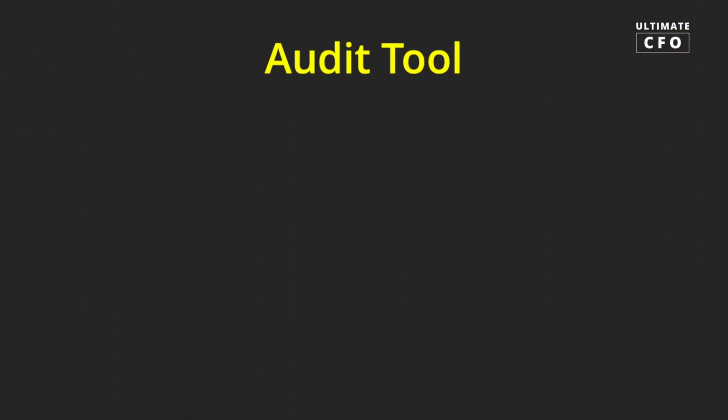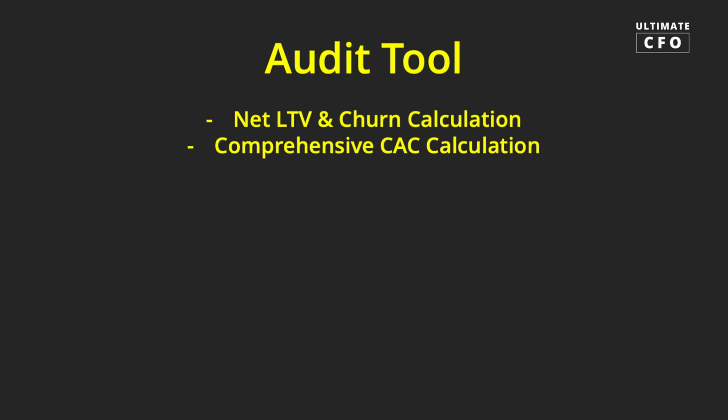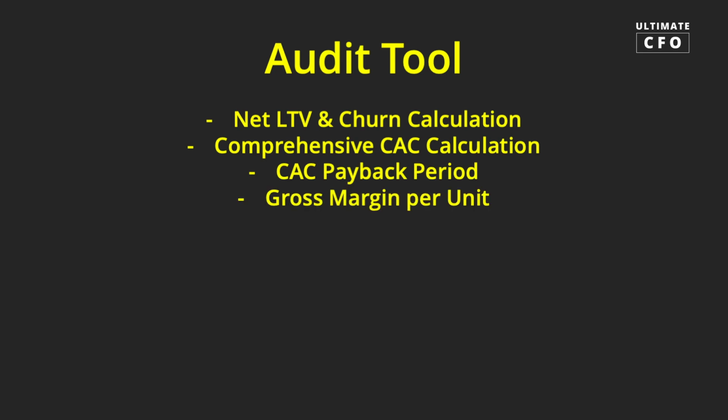I'm again providing you with an audit tool that you can run for your own business, and hopefully this will help you to assess your situation. The audit tool will help you to assess your net LTV and churn calculations, as well as your CAC calculations. Additionally, it looks at CAC payback period and your gross margin per unit and helps you revisit those.